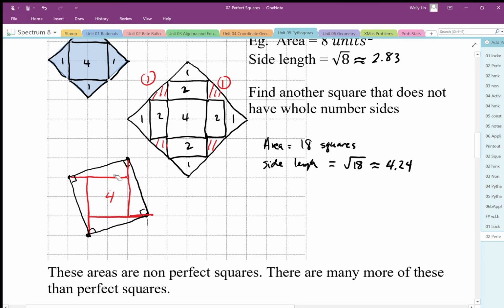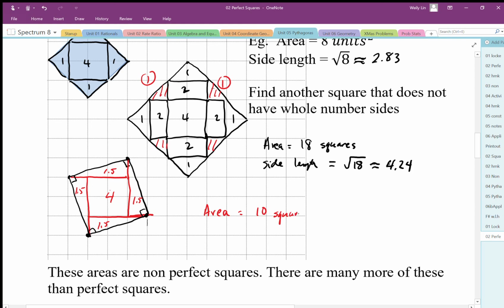It's going to be base times height divided by 2. So it's going to be 3 times 1 divided by 2. That's going to be 1.5, 1.5, 1.5, 1.5. So for this one, we get a square area that's going to be exactly 10 squares.